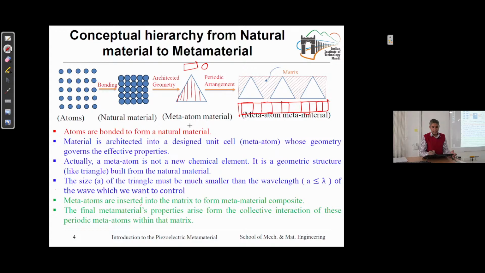And then we will have the matrix and the meta-atom. This combination of matrix and meta-atom is known as a metamaterial. That is the concept.